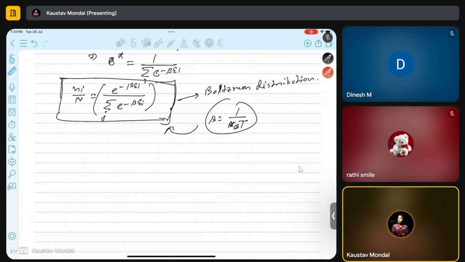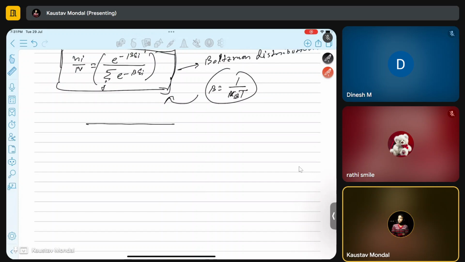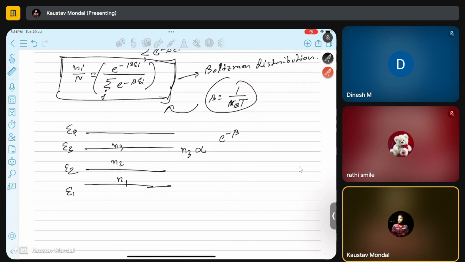So if you have states E1, E2, E3, E4, the number of particles N1, N2, N3 in each state will be proportional to e to the power minus beta times the energy of that particular state, divided by the summation over all the energies of e to the power minus beta Ei.